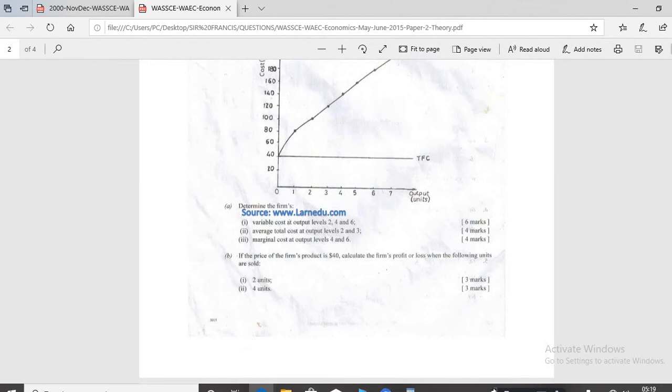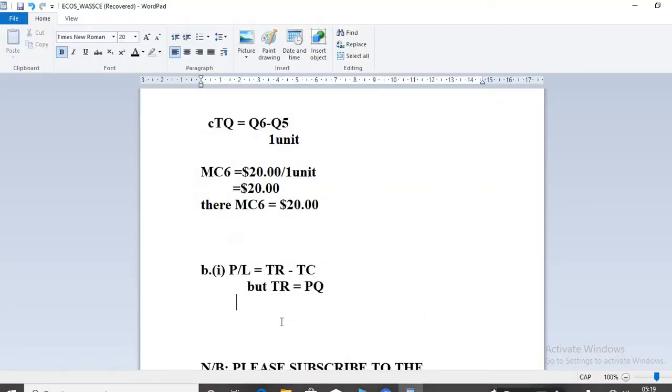So let's find the total revenue at Q2, when 2 products are sold. So TR2 equals, by the formula we said, TR equals Q times P, which is the price times the quantity.